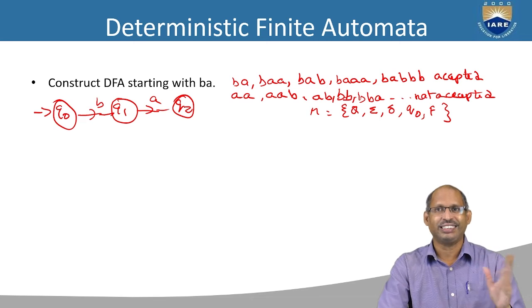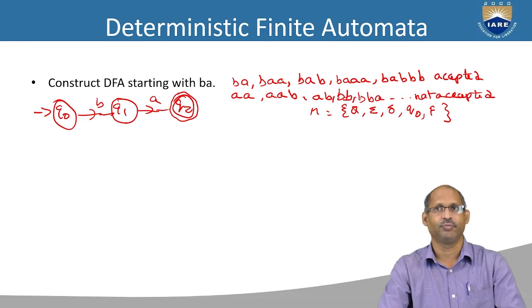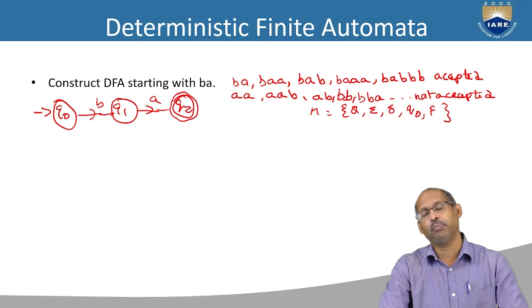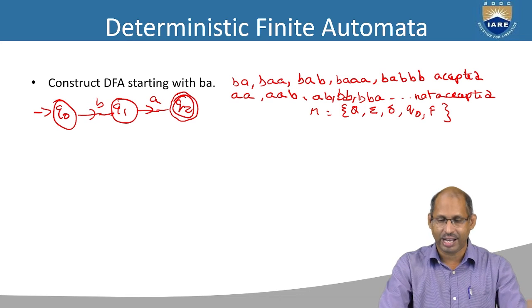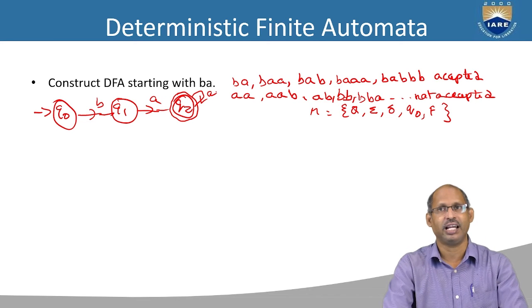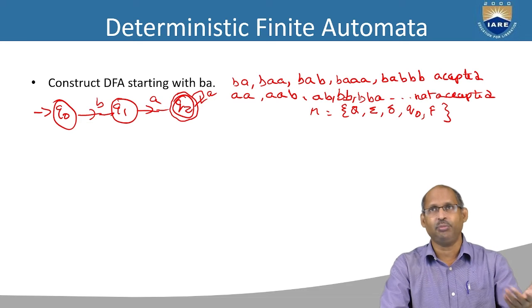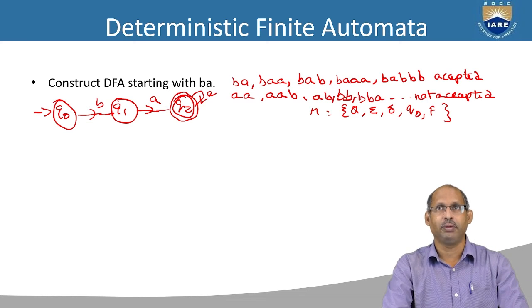BA is accepted, which means Q2 will be the final state. After BA, BA followed by any number of A's is accepted, or BA followed by any number of B's.